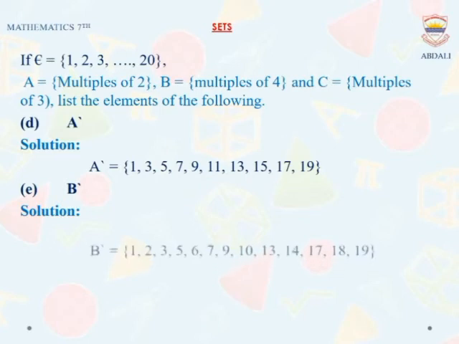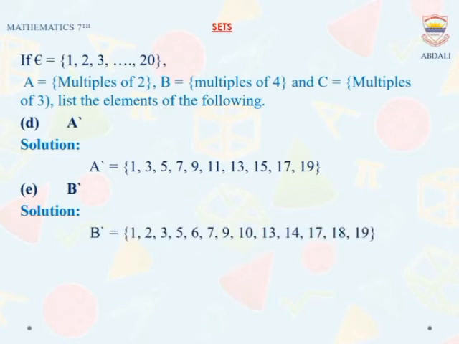So it will contain 1, 2, 3, 5, 6, 7, 9, 10, 12, 14, 17, 18 and 19. Okay? So now we have understood what a universal set is and what the complement of a set is.